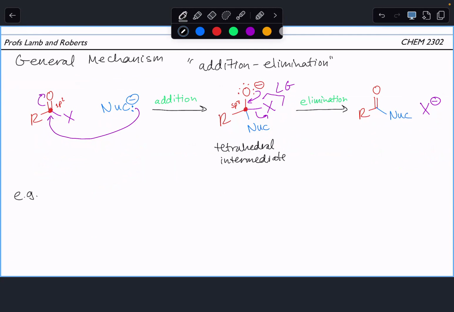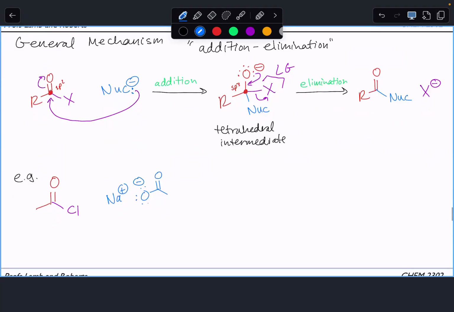So here's an example with an acid chloride and say sodium acetate. Okay. So 4 P's, right? Pick out your nucleophile. That better be where the negative charge is, right? So one of these lone pairs on our carboxylate is going to be our nucleophile.